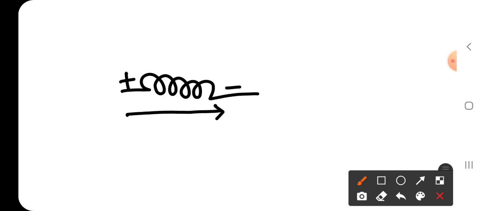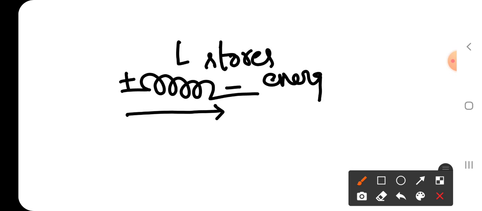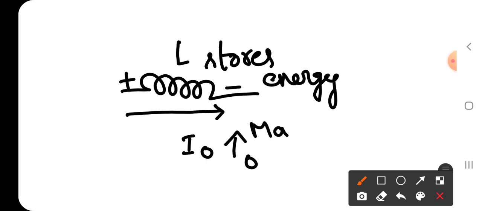That means L stores energy. When the inductor stores energy, the current increases. I0 increases from minimum to maximum.